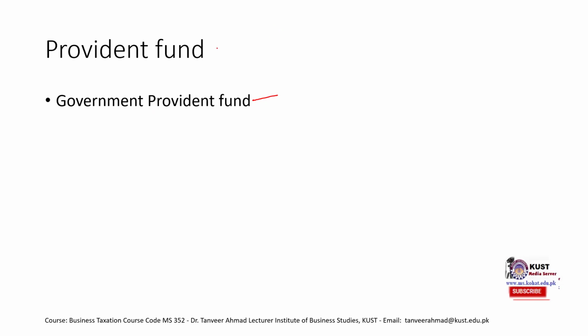First, what is Provident Fund? Provident Fund is a facility provided by the employer. What we do normally is that each month a certain amount is deducted from the employee's salary. For example, 5,000 rupees is deducted each month from the employee's salary. This would be called the employee's contribution to Provident Fund.